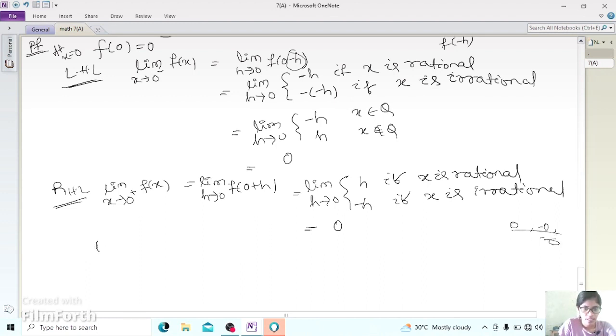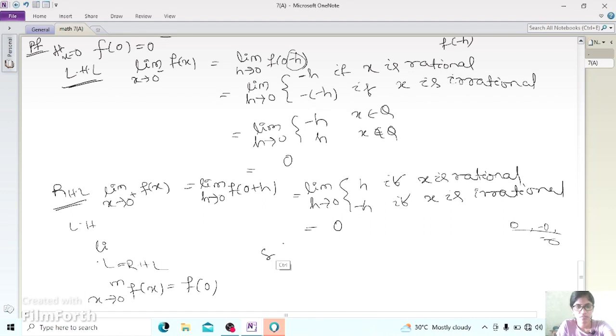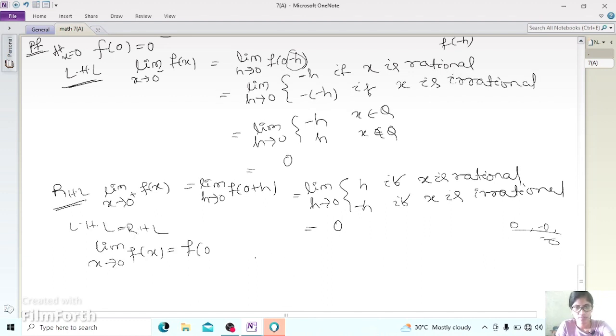That means the left hand limit is equal to the right hand limit, meaning limit x tends to 0 f of x is equal to f of 0. So the function is continuous at x equal to 0.